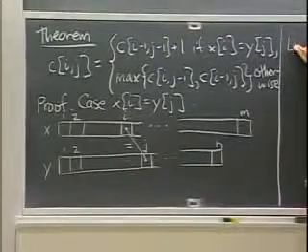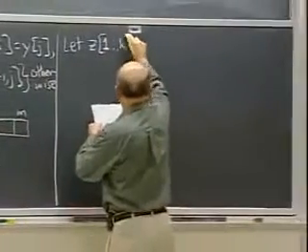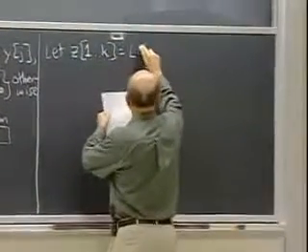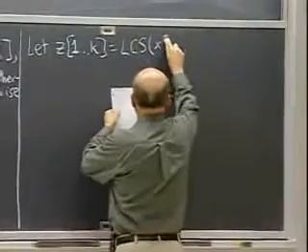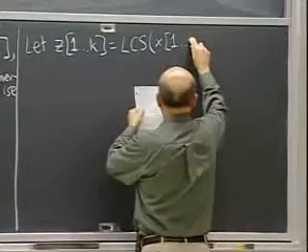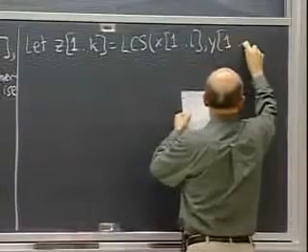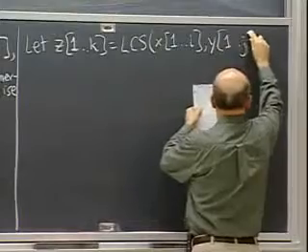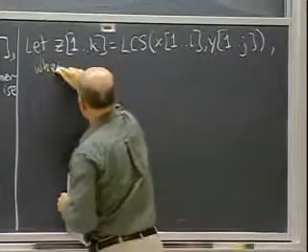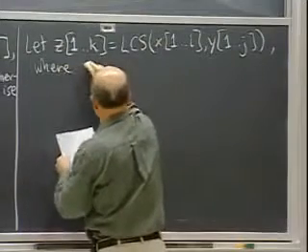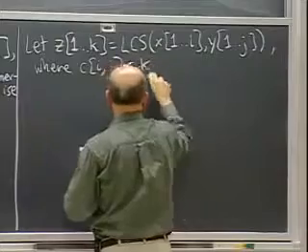Okay, so let z of 1 to k be, in fact, the longest common subsequence of x of 1 to i and y of 1 to j, where C of ij is equal to k.